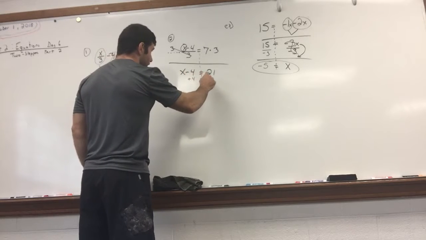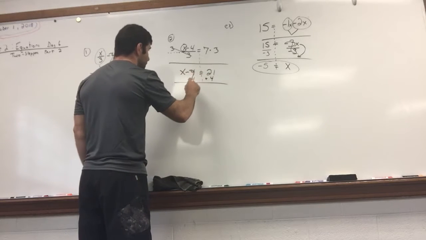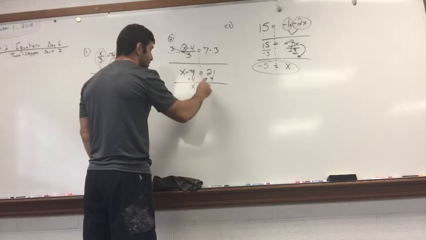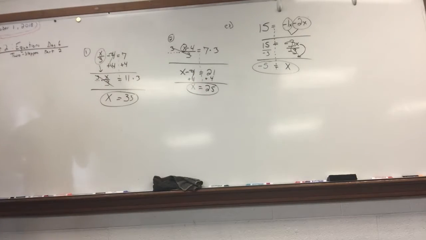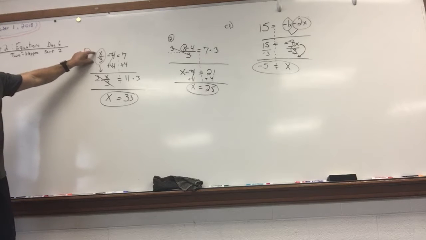Add 4, that's additive inverse, gives me 0. We're going to do several examples like that. If right now it doesn't make sense, that's all right. This is the newest thing to us. The difference is, in the first problem the x just had a denominator.